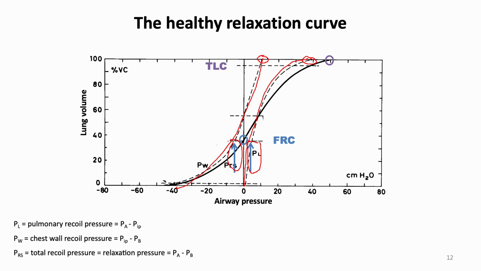So if the subject then expires all the way to residual volume, what happens then? Well, at residual volume, the chest wall is actually compressed. It's smaller than its normal resting volume.